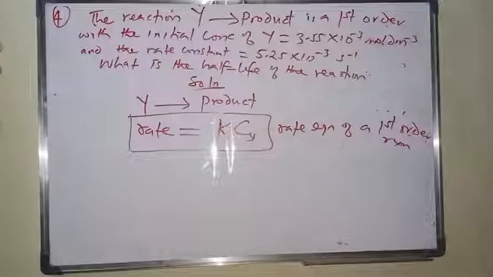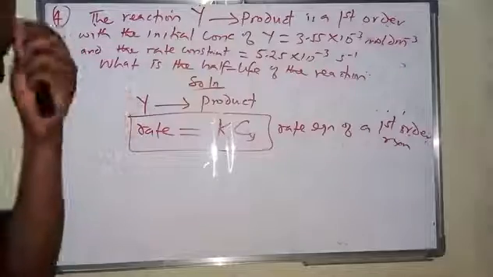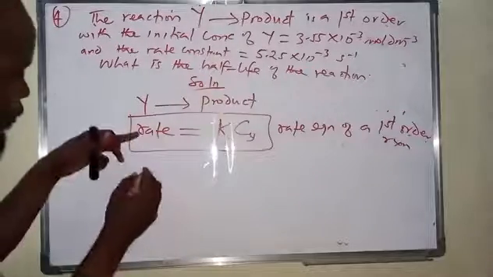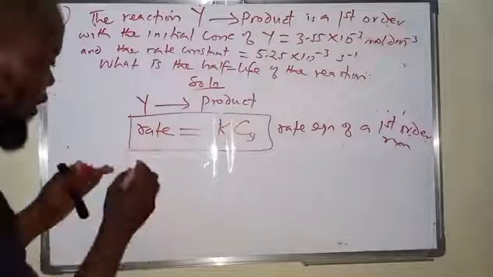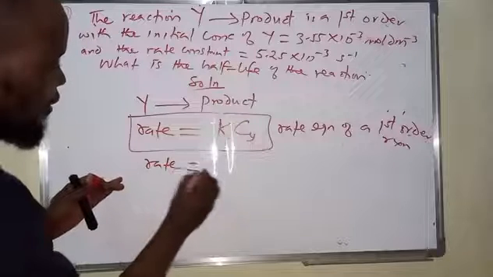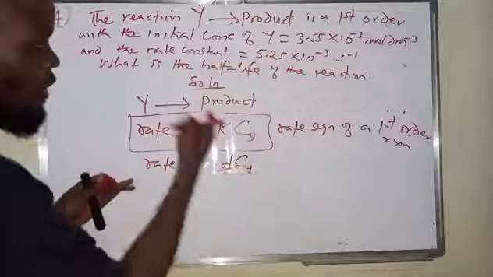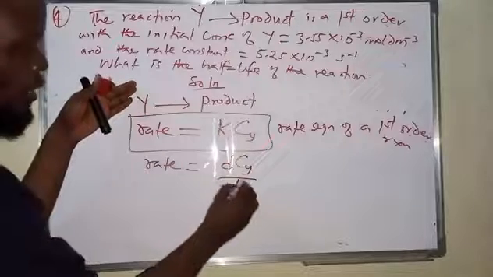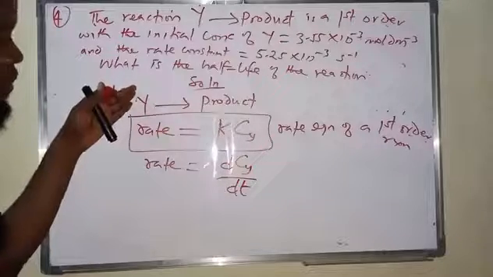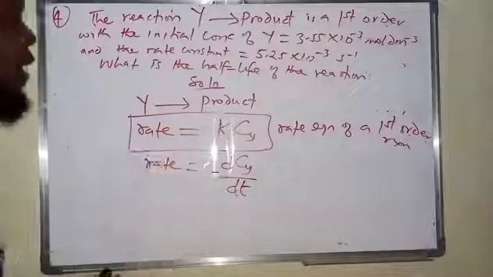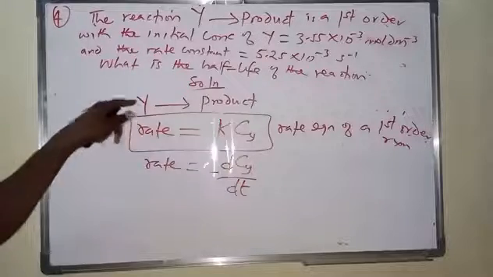Another way of expressing this equation is that the rate of a reaction is expressed as the change in the concentration of the reactant with change in time. It usually goes with a negative if it is expressed in terms of the reactant.